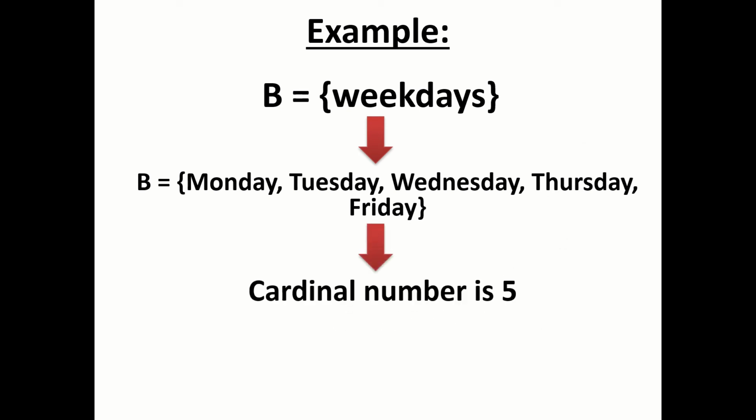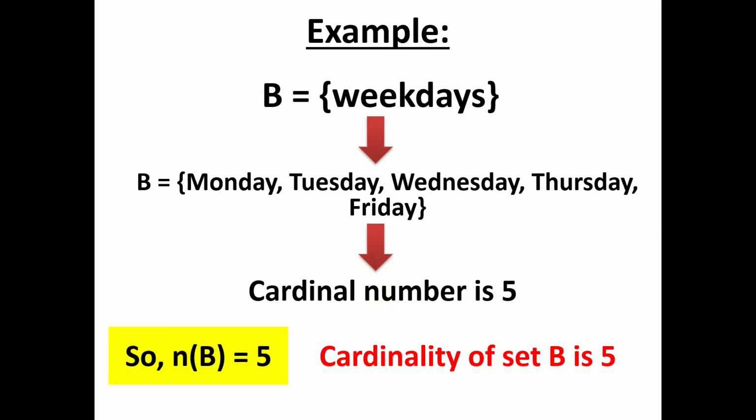In other words, the cardinal number here is 5 because there are 5 weekdays. So we can write this as n(B) = 5. Or to make that short, you will just say cardinality of set B is 5.